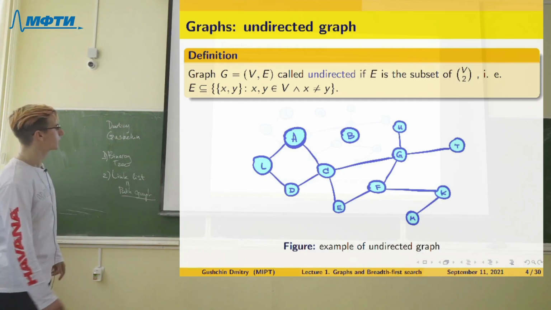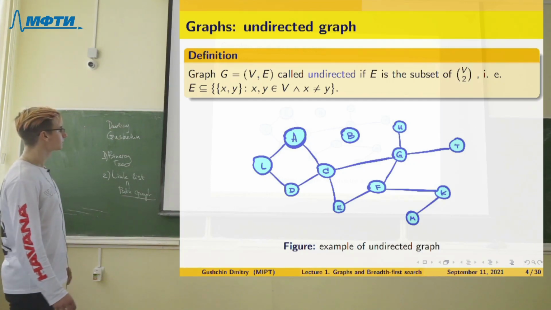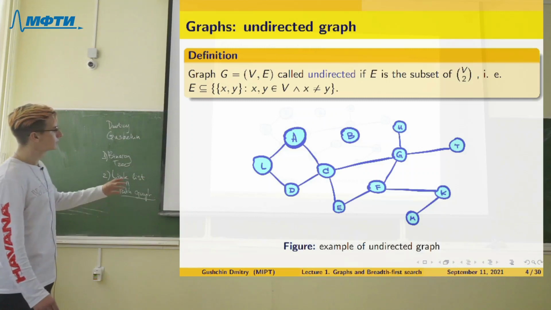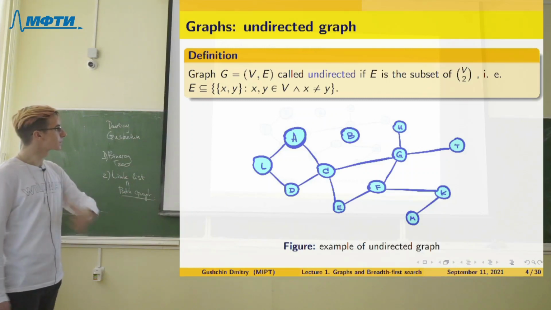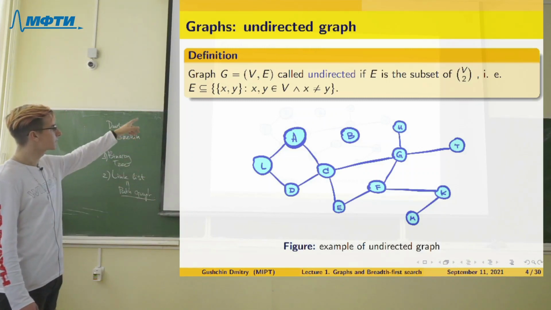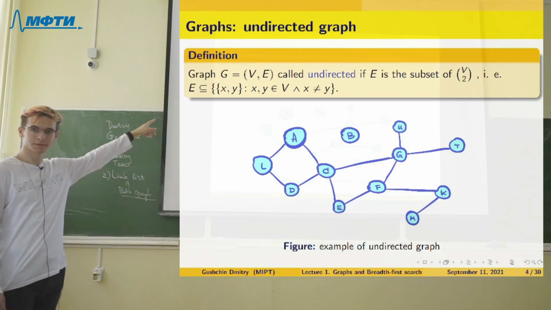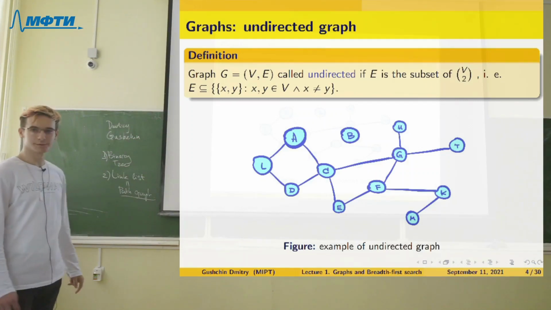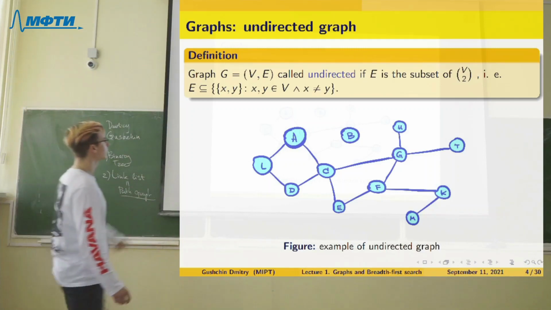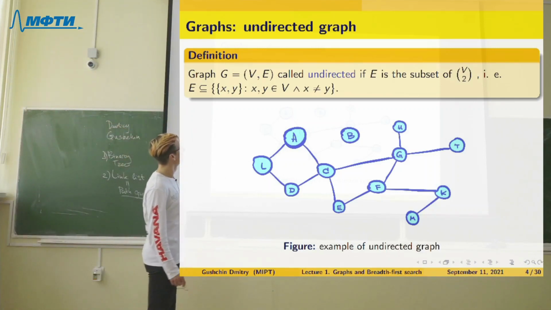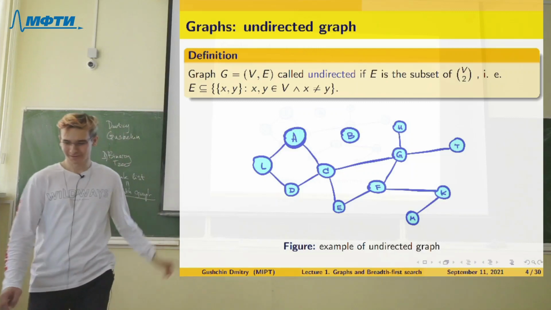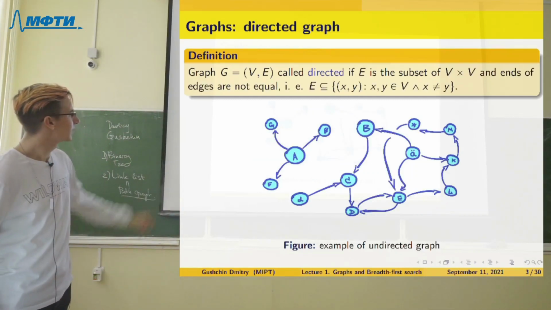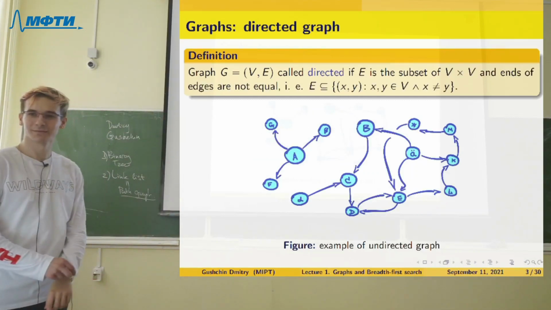Okay, and I can say, as you say, that this pair of vertices, x and y, has no order. You see? Brackets on this slide and brackets on the previous slide.